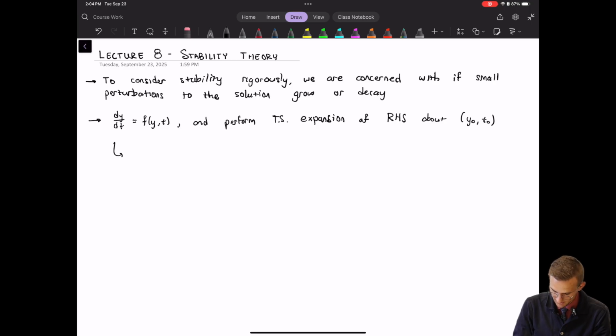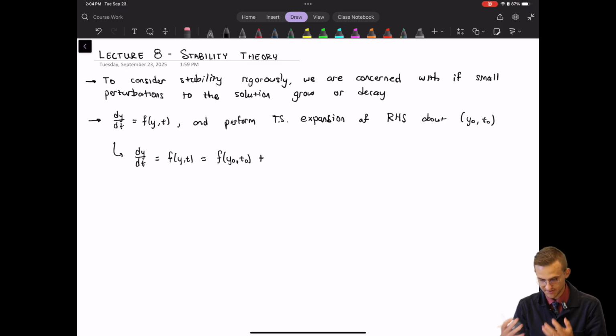So when we do that, we get dy/dt is equal to f of y, t, which we approximate using a Taylor series expansion centered at that point. The way you do a Taylor series expansion in 2 dimensions is you do the thing that you do in a single dimension, but for both dimensions. So we have a linear term in both t and y.